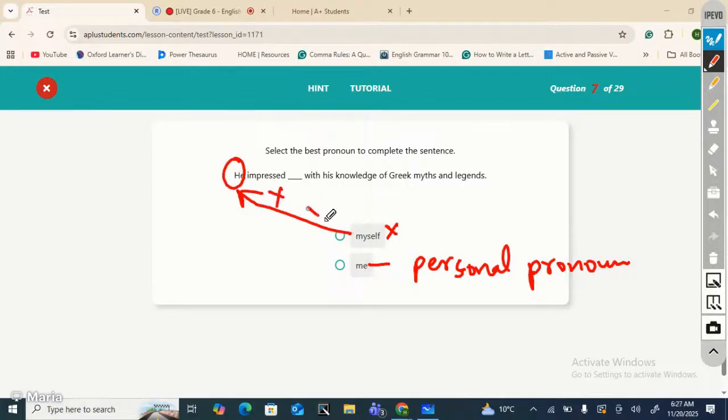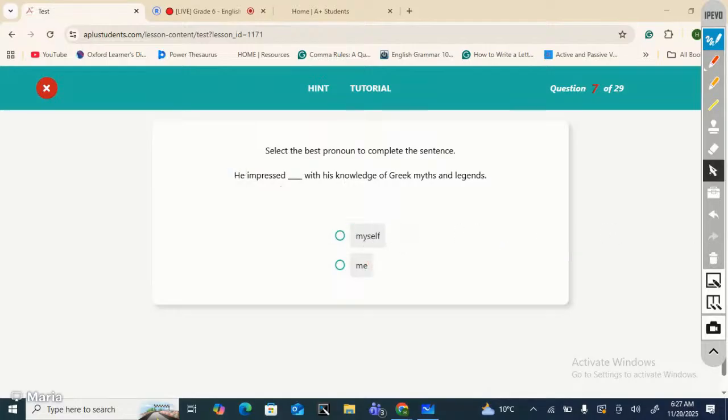Subject is he, so it's wrong. The reflexive pronoun cannot be used. Rather, a personal pronoun, me, can be used, which refers to someone other than the subject. He impressed me with his knowledge of Greek myths and legends. Good job.